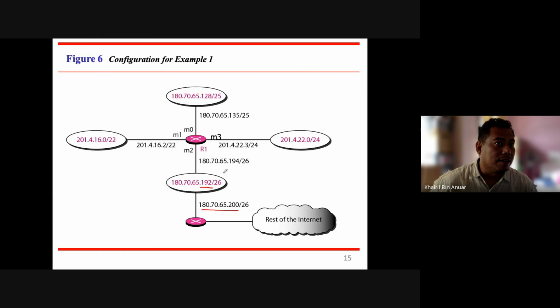Okay, if you're able to comprehend how we define this, for instance over here, 65 over here, this is /25. Basically, it can divide the address space into two different subnets, which go from 0 to 127.